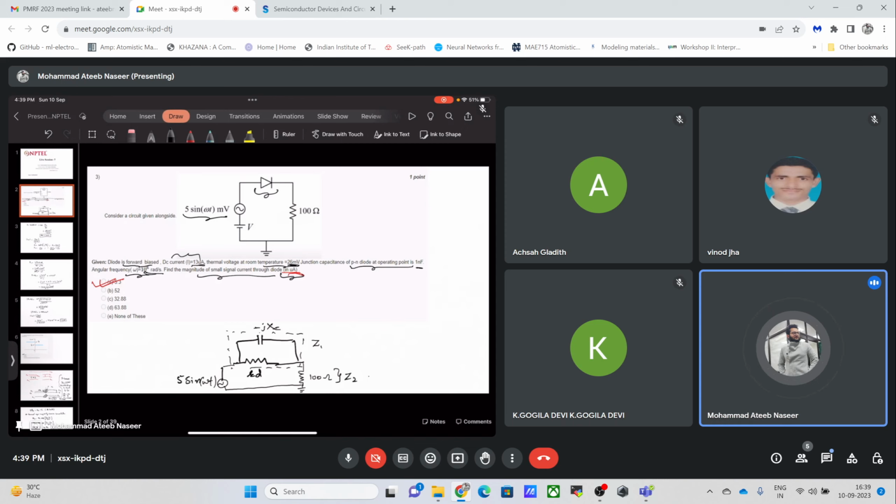Now in this problem there is one twist. We have been told to put this PN junction in a circuit, and this circuit is given a sinusoidal signal.